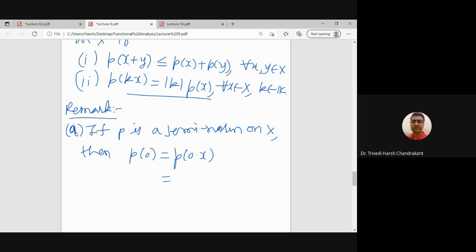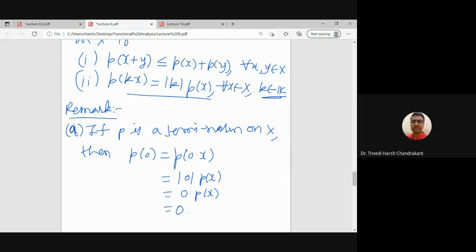And that we can write as modulus of 0 times p of x. Right, because if k is any number, then p of kx is modulus k times p of x. So here 0 times the vector x, if we apply p using the second property of seminorm, we get this. And then modulus of 0 is 0 and 0 times p of x is a real number because p is a map from X to R.